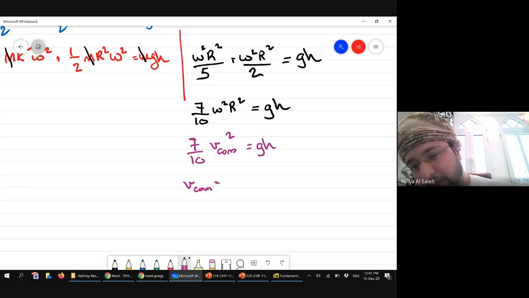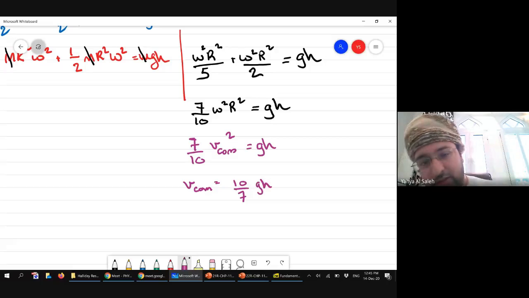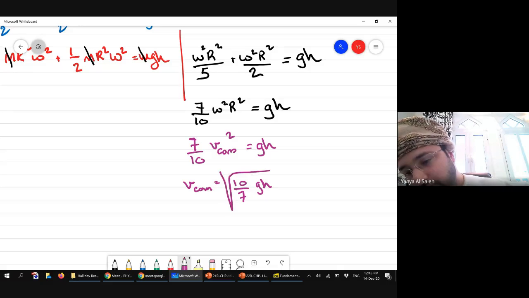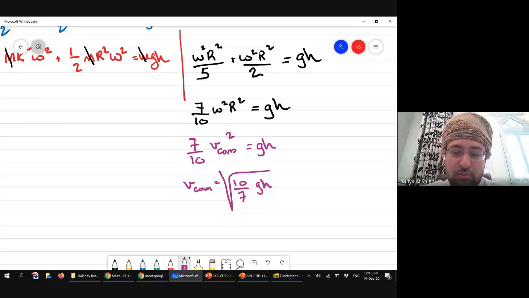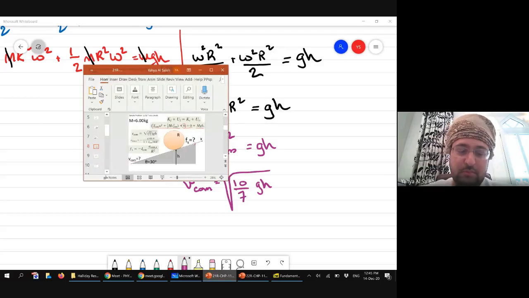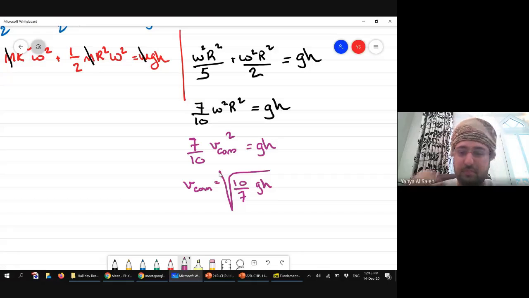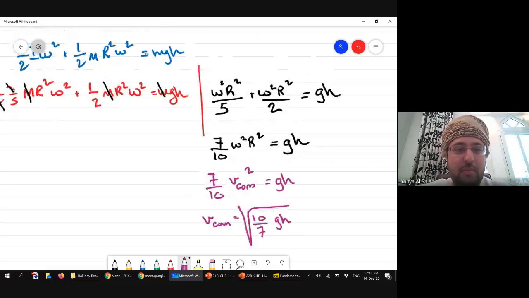V com equals the square root of 10/7 gh. Do we follow what we just did to find what our V com is?